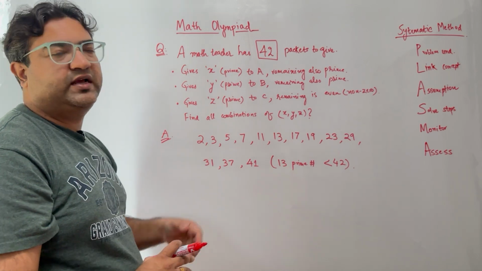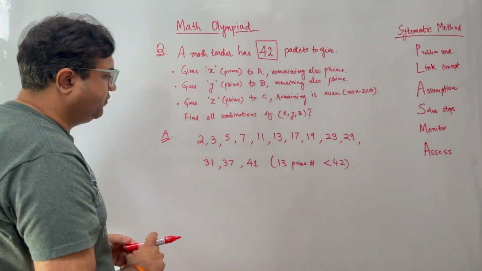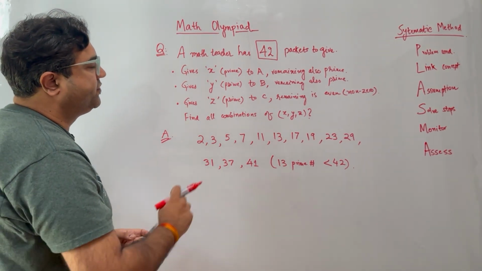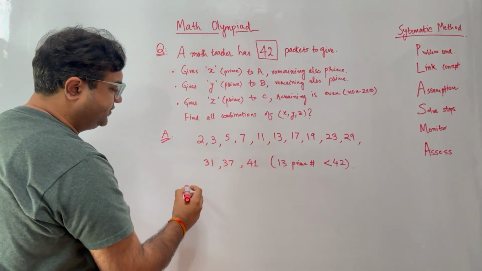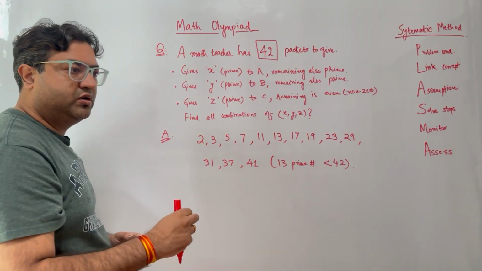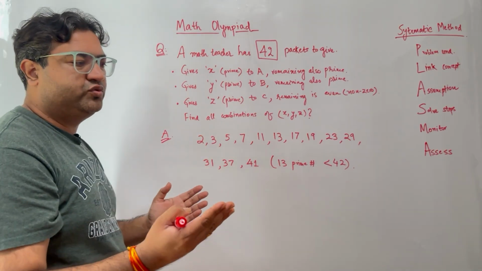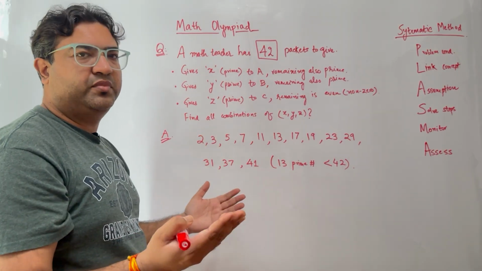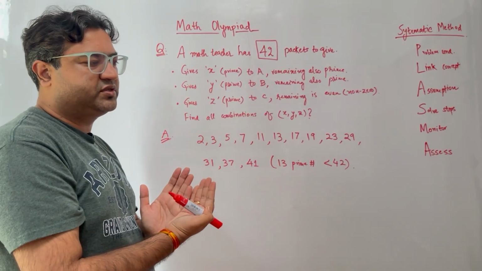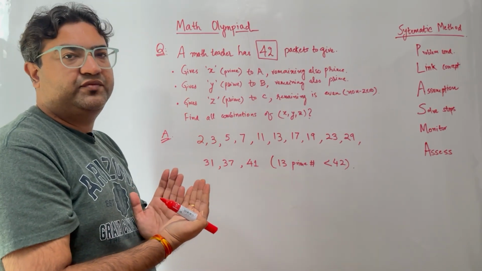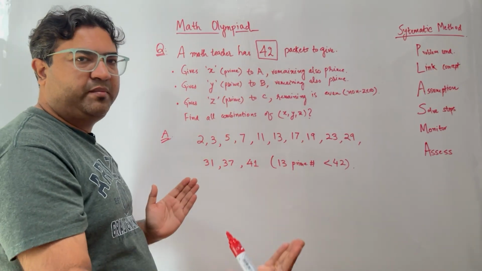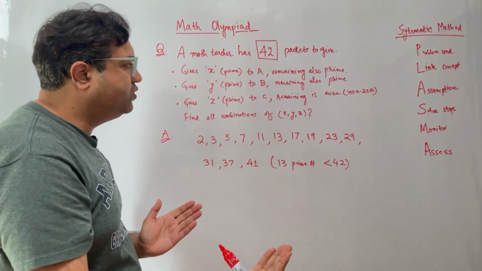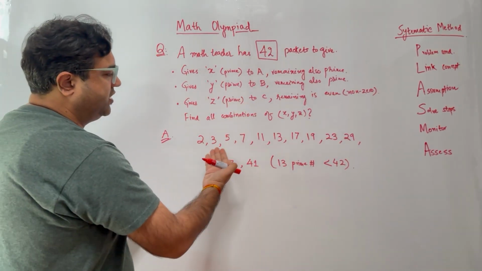Then let's go to the next step, which is solving this question. As you know, a prime number is an odd number. So when two odd numbers combine, we get an even. So when you split 42 into two prime numbers, you can get two different prime numbers.